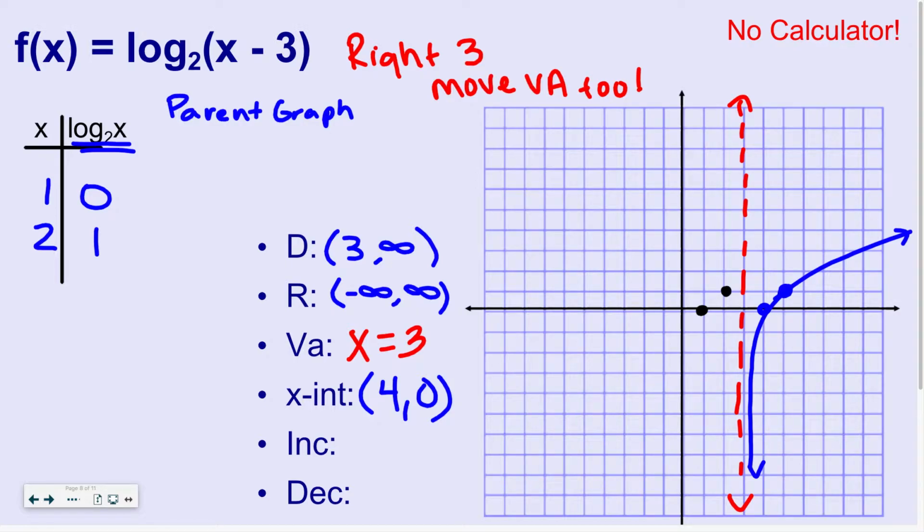Now, if you only had a k value instead of an h value, if minus 3 wasn't in parentheses, if it looked like log base 2 of x, minus 3, with no parentheses, that would be a down 3. Its vertical asymptote would technically move down 3, but you're not going to notice a vertical line moving down. So the vertical asymptote would still be at x equals 0, and domain would still be 0 to infinity too.